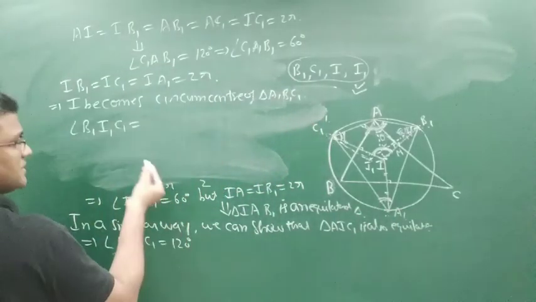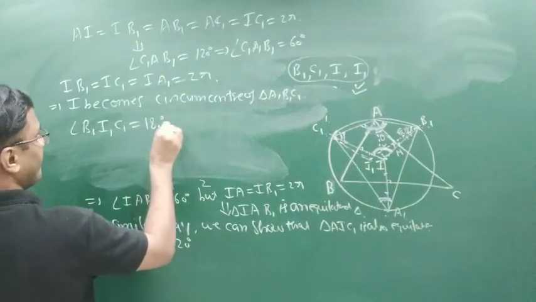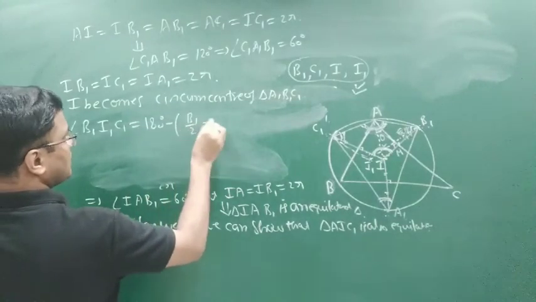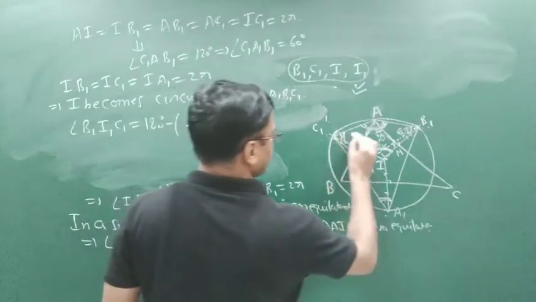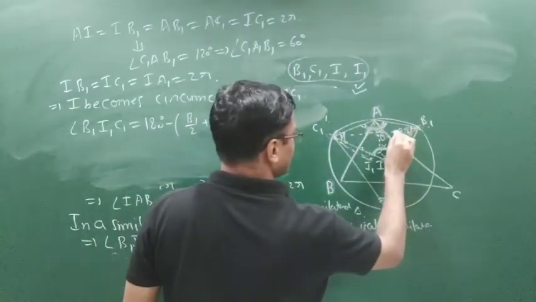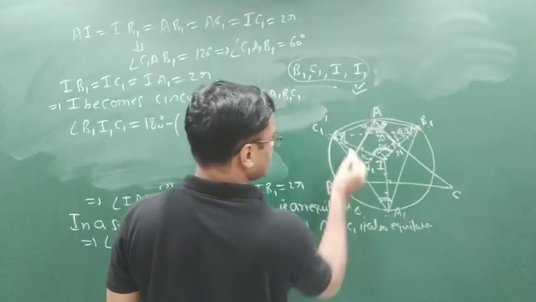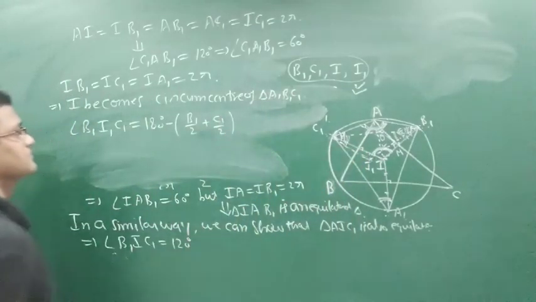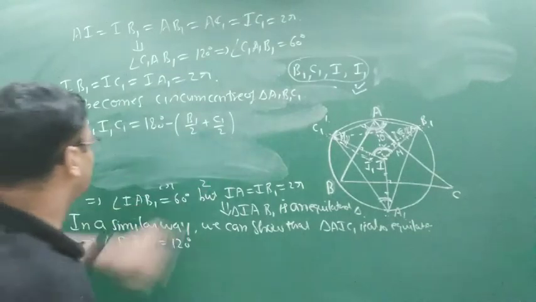Therefore, we can write this angle equals 180 minus (B1 by 2 plus C1 by 2). If we connect this one also, then this angle is B1 by 2. This angle is C1 by 2. But B1 by 2 plus C1 by 2 is what?